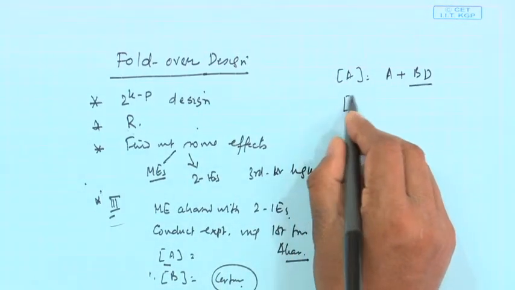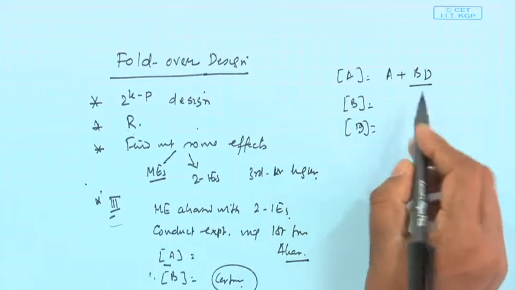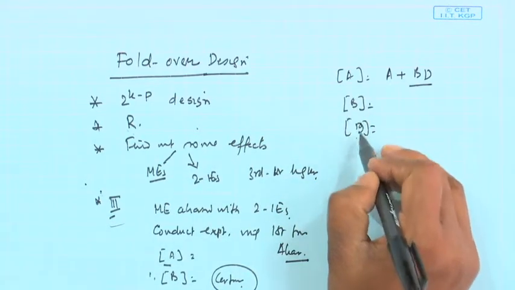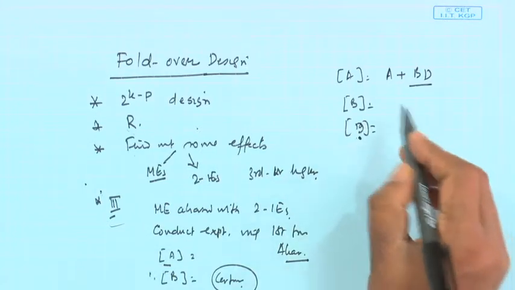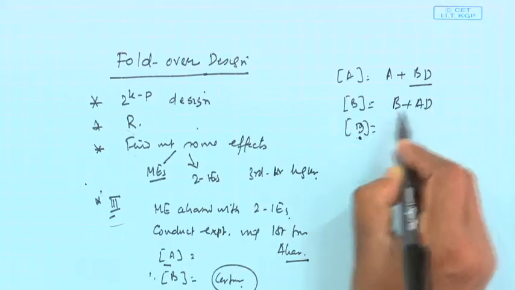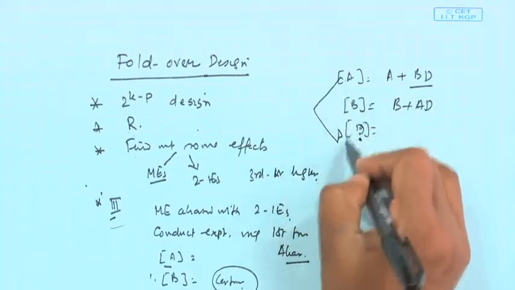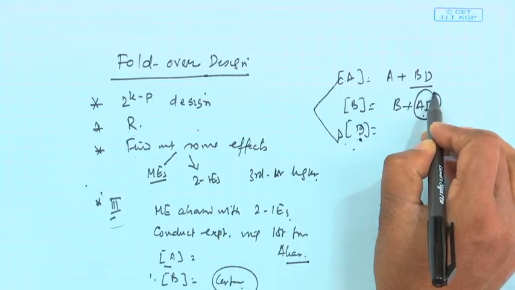And again, as B is large and D is also large, if we assume that B and D are significant, then in the B case you see B plus AD, as A and D, this one with alias is large, this may be large.